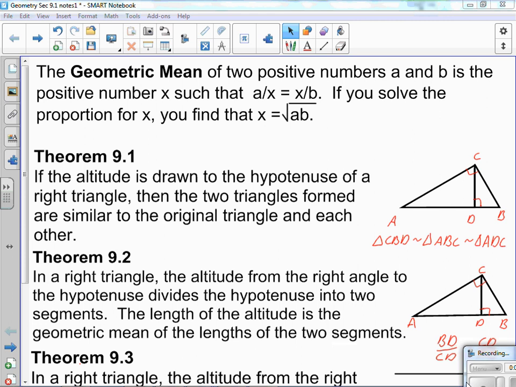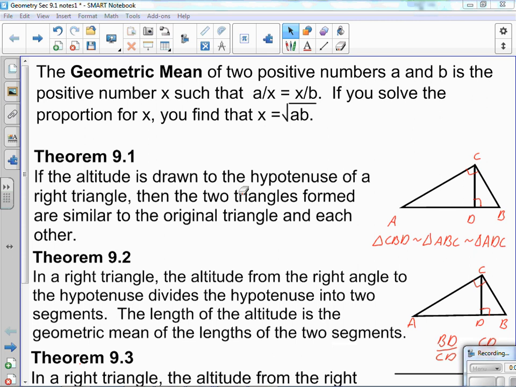Right, so the geometric mean of two positive numbers, a and b, is the positive number x, such that a divided by x is equal to x divided by b. So if you solve the proportion for x, you find that x is equal to the square root of a times b. Right?